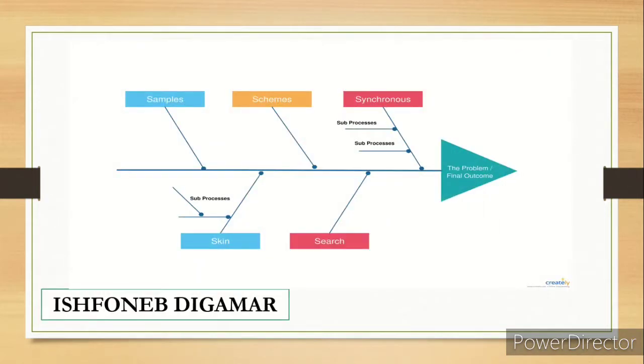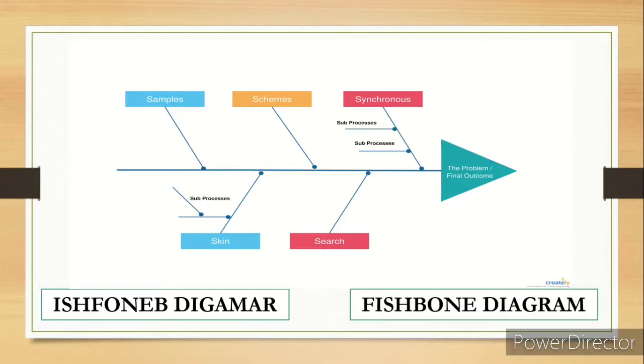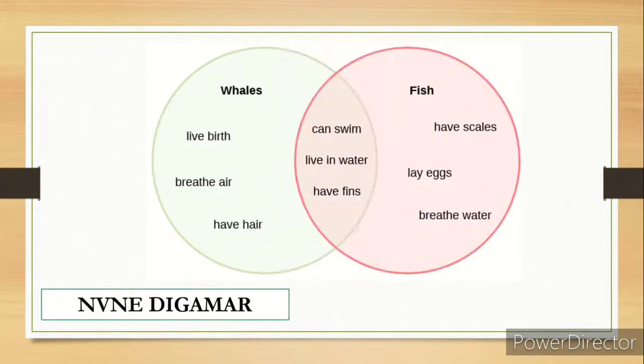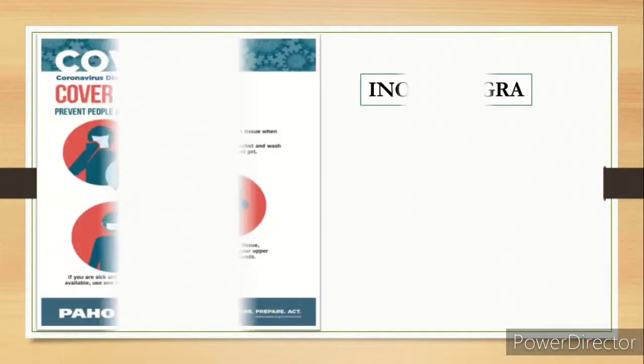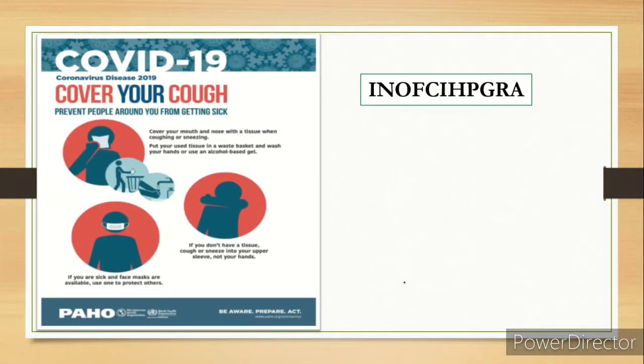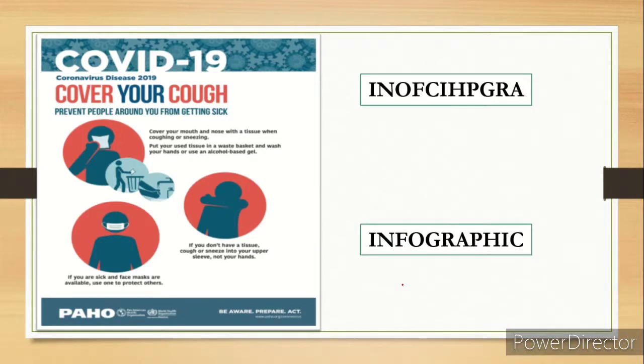How about this one? Okay, this is a fishbone diagram. Very good. Next. Great. This is a Venn diagram. How about this one? Alright, this is an example of an infographic.